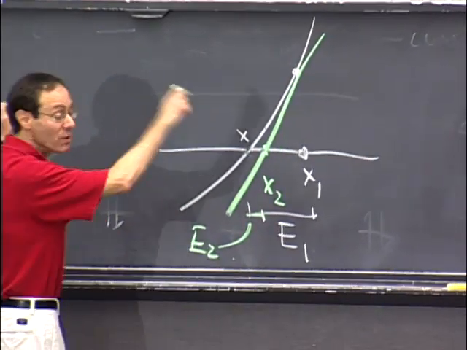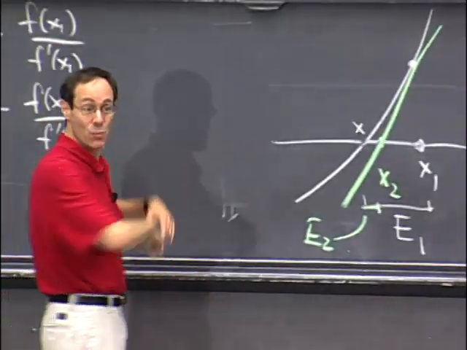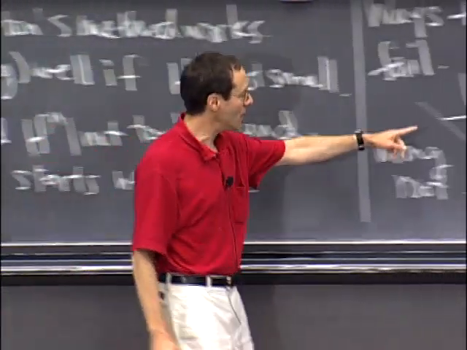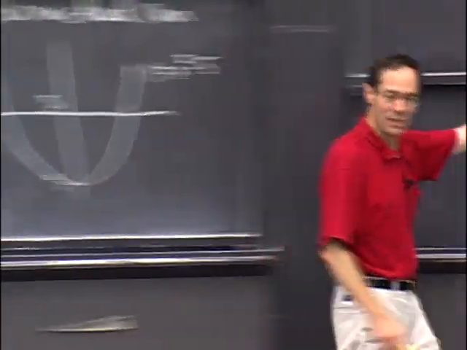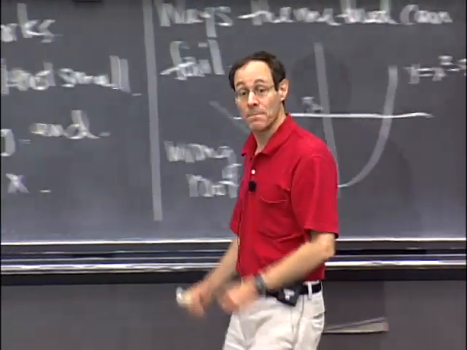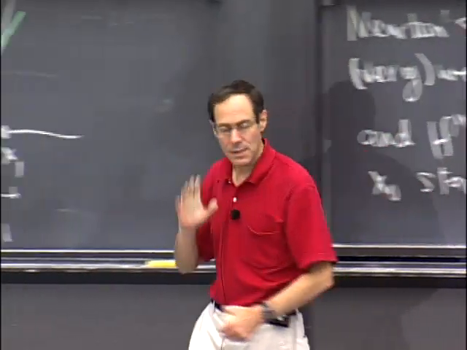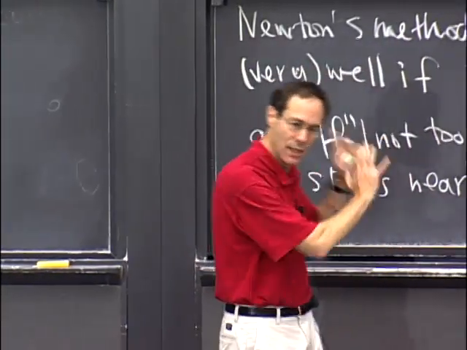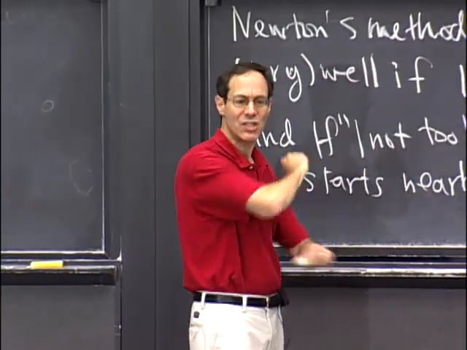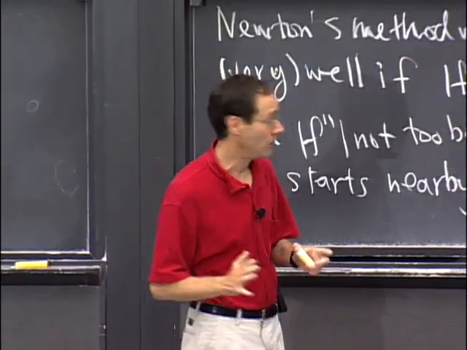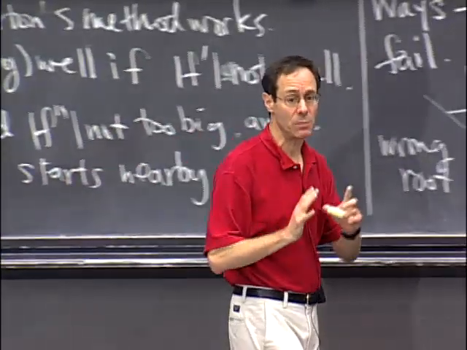But far away, a parabola is miles from a straight line. It's way, way far away. So if you're foolish enough to start over here, you may have some trouble making progress. In fact, in the particular case of a parabola, it manages to get back. It saves itself. But there's no guarantee of that sort of thing. You really do want to start reasonably close.